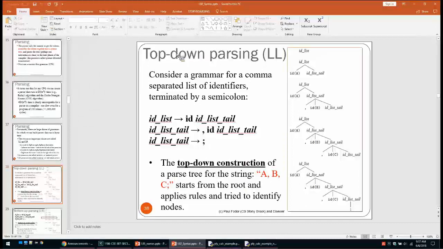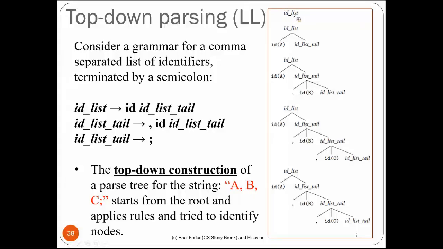So top-down parsing always starts from the start symbol, which in our case we want to identify as an ID list. So we are going to start from the root ID list, and we are going to apply top-down the production rules in such a way that finally we have in the leaves only terminals, which are basically tokens identified by the tokenizer.